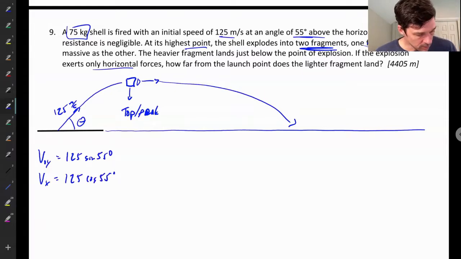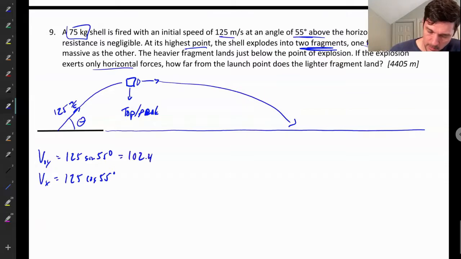So 125 sine 55 gives 102.4 meters per second vertical launch velocity, and 125 cos 55 is 71.7 meters per second horizontal velocity.